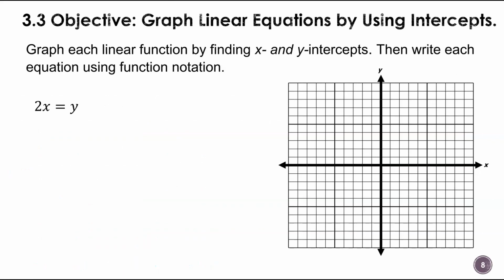Okay, here's the next one. So we're finding x and y intercepts. Now this one is kind of a special case because it doesn't have a constant term. It is just 2x equals y. And so that means that if I find the x or the y intercept, it's going to be the same thing.